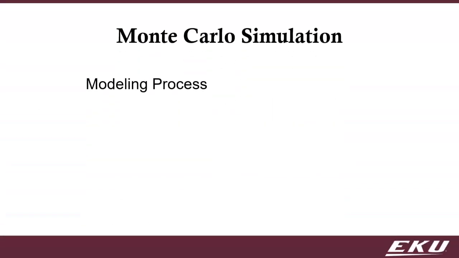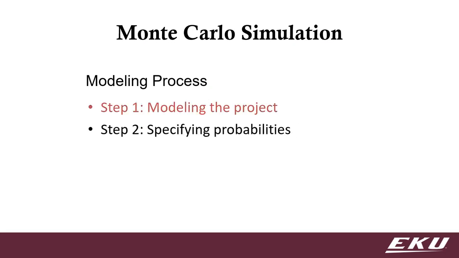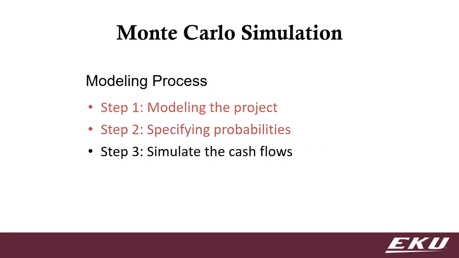Okay, another thing that we can do are Monte Carlo simulations, right? So the first thing you have to do is you make your model, right? So we model what this thing is going to look like, you know, what's possible, and then we start talking about what's the probabilities associated with those, right? And then you just run a simulation. You just kind of hit enter on the random number generator, let it start running through and calculating what it could be, right?